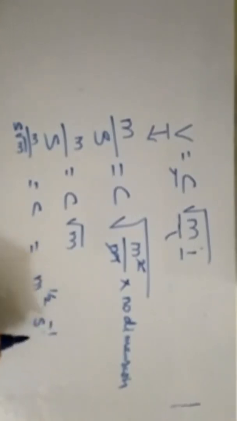I am taking 1 by s as s power minus 1. So its dimension is L to the power half, T to the power minus 1. This is the dimension for Chezy's constant. It may be asked in 2-mark questions or 1-mark questions.